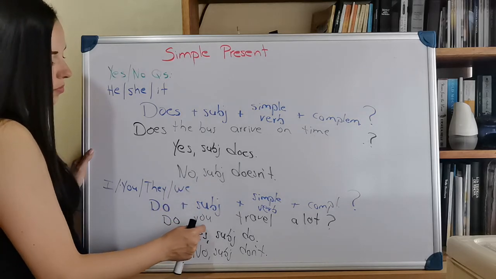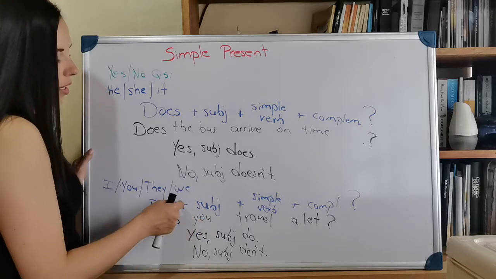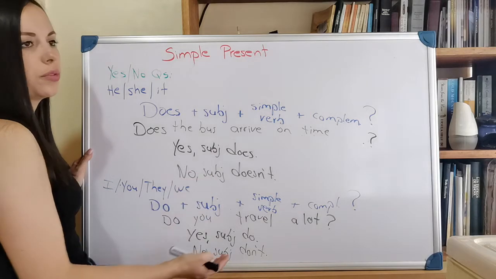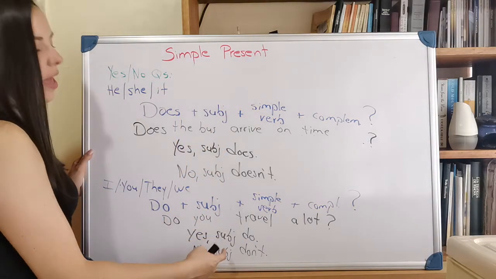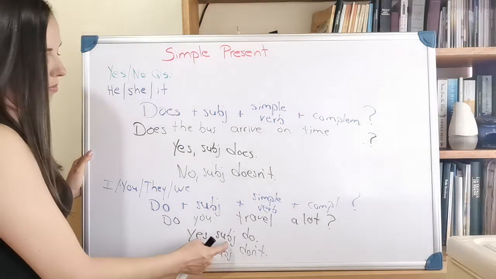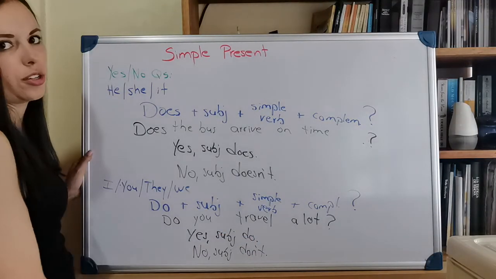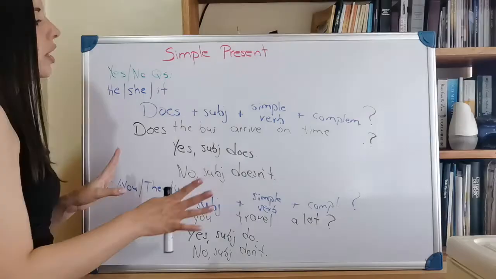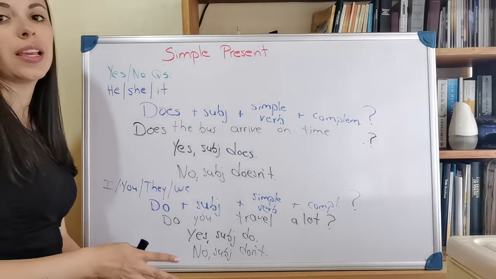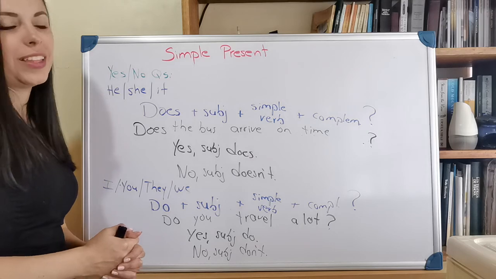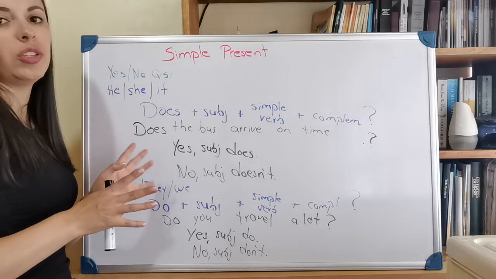And here, if the subject is plural, we need to say, okay, my parents. Parents are they. So I use they in the subject here. Yes, they do. No, they don't. Okay? So these are the two options for yes-no questions. Now we are missing only the WH questions.